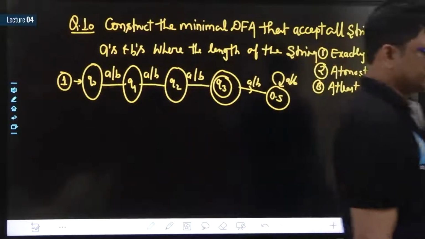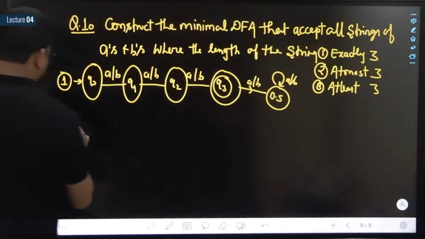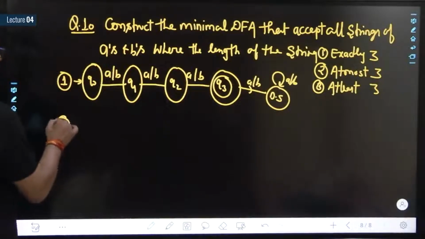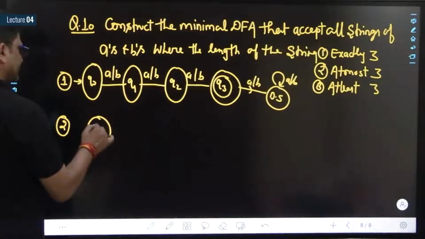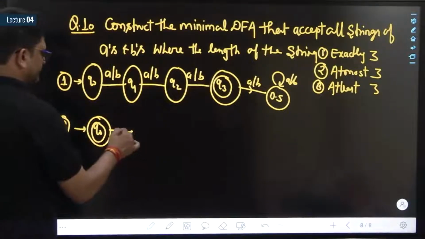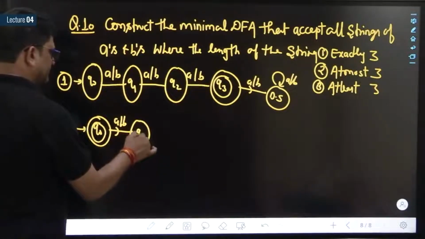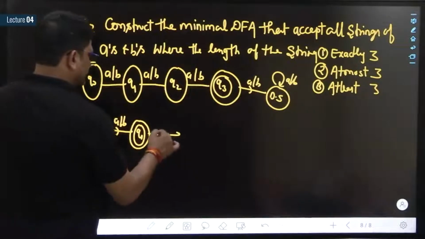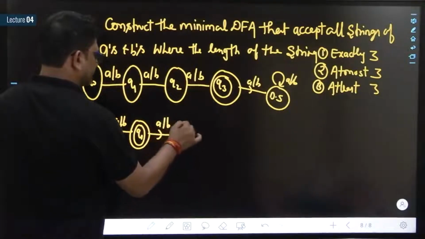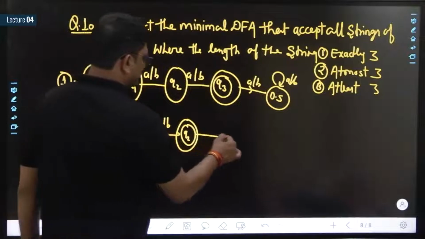Now, second, at most 3. Sorry, at most 3. It means the initial state is final. This is length 0, length 1, length 2, length 3.